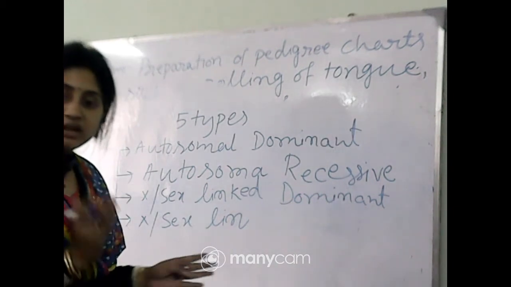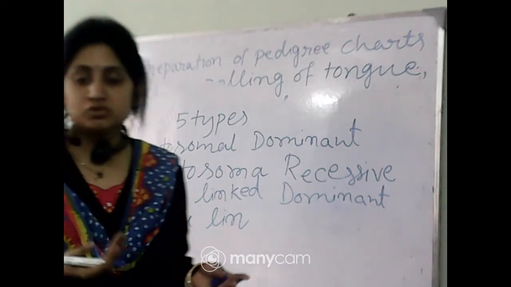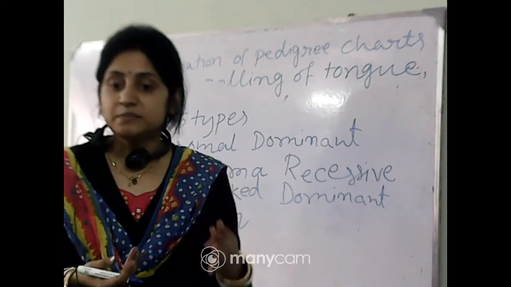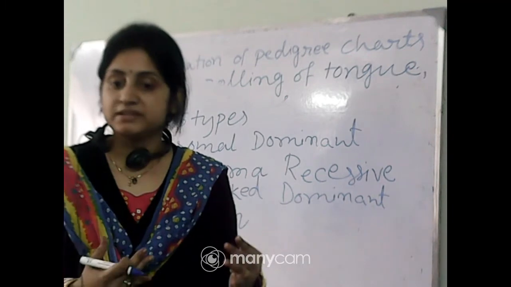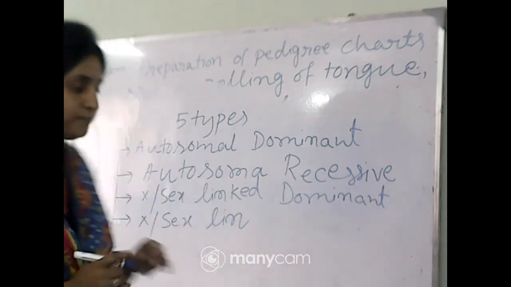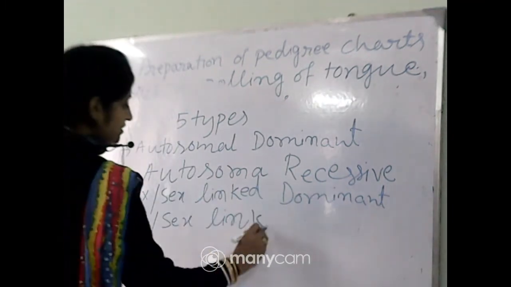So that's why it is called that, because you know that our sex chromosomes are X and Y. X-linked means only X, dominant or recessive, both are affected. Okay, X-linked recessive.